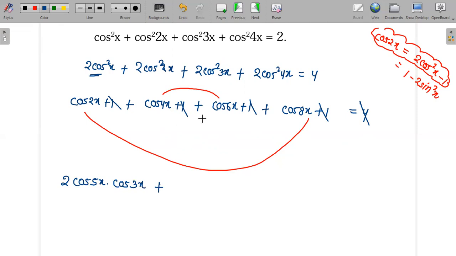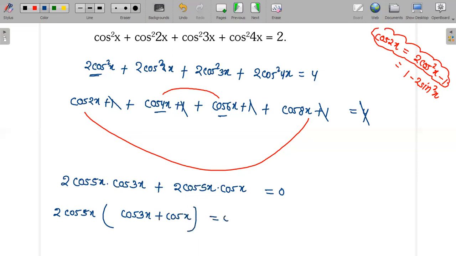Now apply the same thing between cosine 4x and cosine 6x. Once you take out cosine 5x as common, along with this 2, we have cosine 3x plus cosine x is equal to 0.